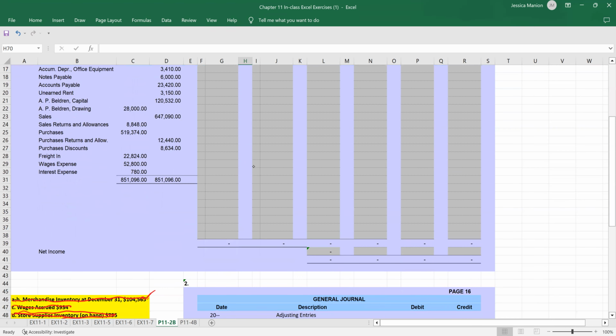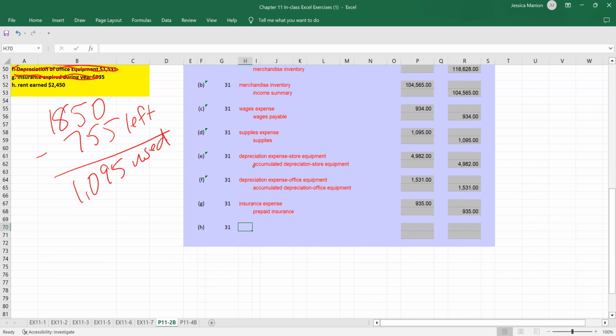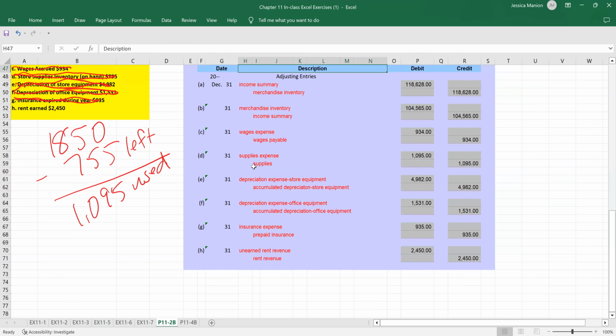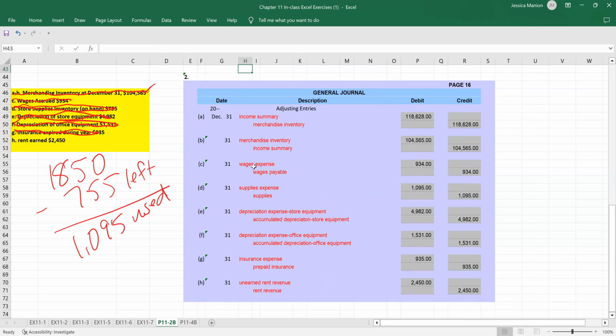So when we do this adjusting entry, we just need to debit unearned rent revenue for 2,450, the amount we've earned, and credit rent revenue. So we're just moving it out of that unearned rent revenue liability account into now we have earned it rent revenue account, right? Okay, so that's what our adjusting entries look like.